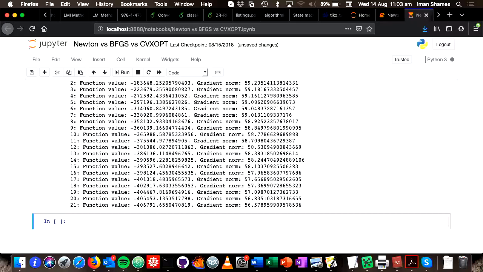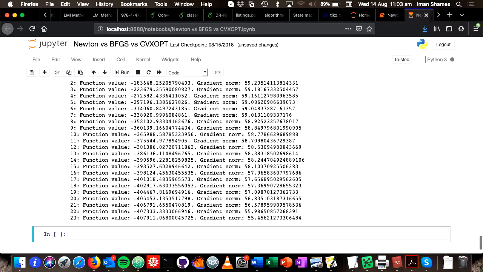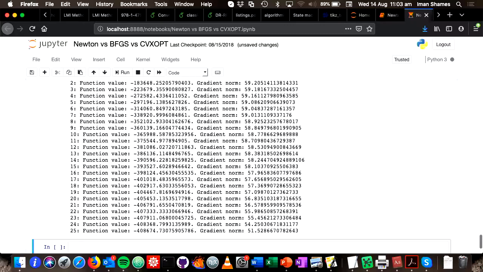So already, we can hope things are changing, right? We spend from here to here around 58, but then we spend this much in the 57 region. Now we are spending 2 iterations in 56, 55. Now let's see what happens in the next one. So we jumped. So these are getting smaller faster.